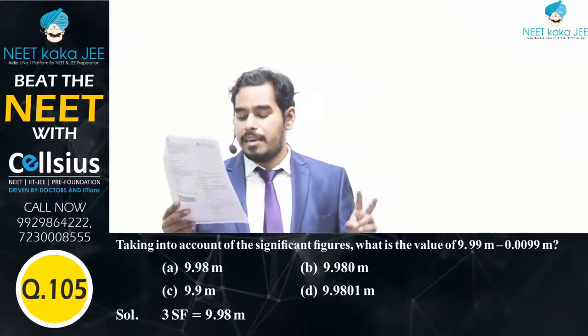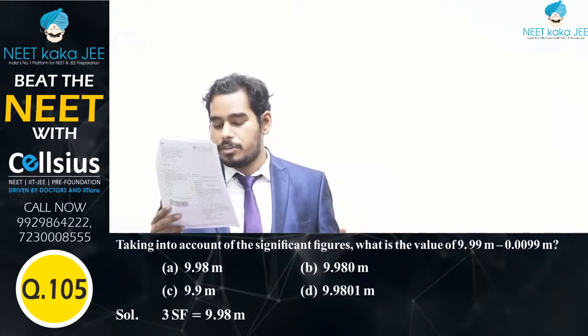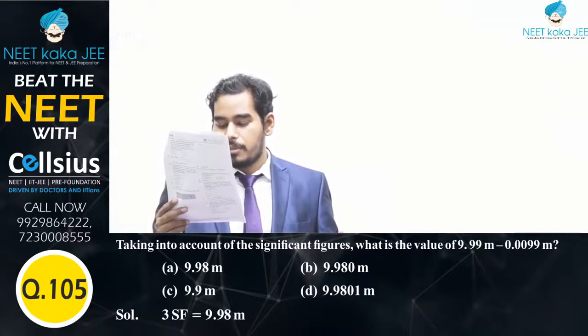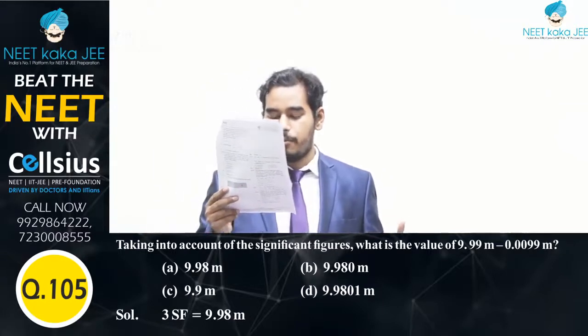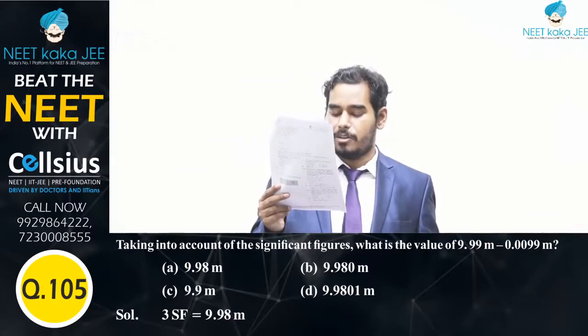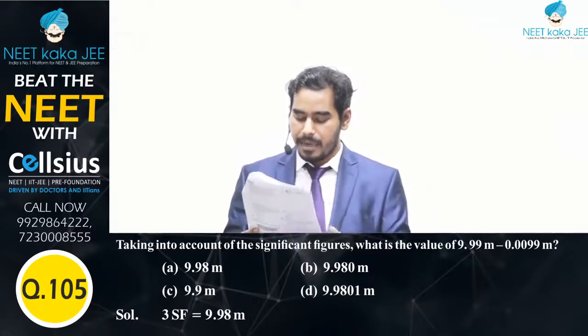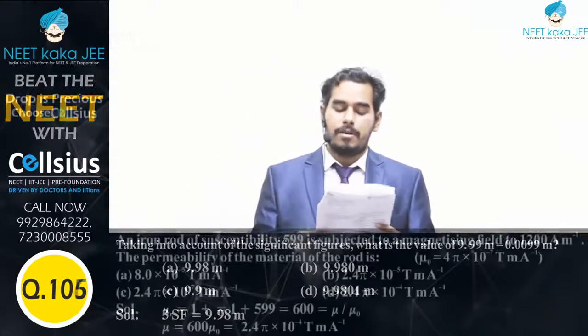So over here, between 9.99 and 0.0099 meter, our answer is going to come as 9.98 meter, because we are going to have 3 significant figures over here. Okay, now let us come to question number 106.